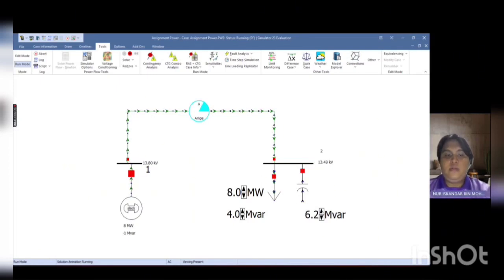If you increase it even further, it will become negative. As you can see here, the blue arrow goes in a different direction than the green arrow, and that is why it became negative 3 MVAR. For the next table result, I'm going to show you in the next session.